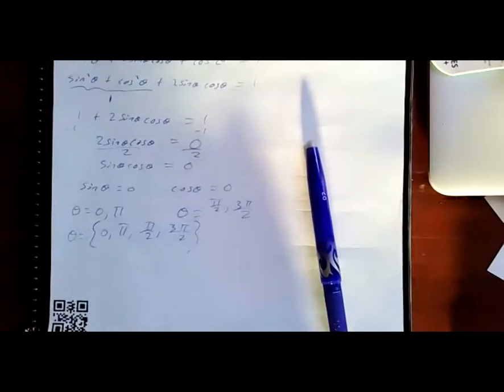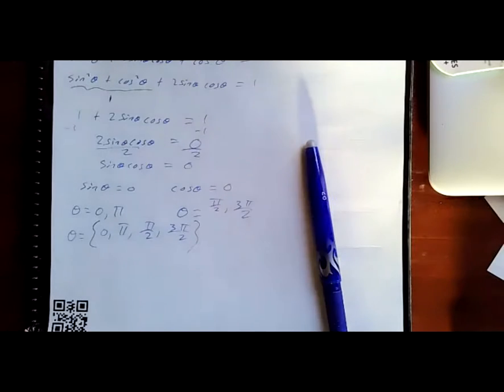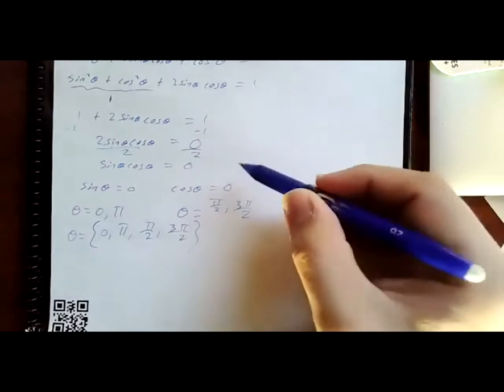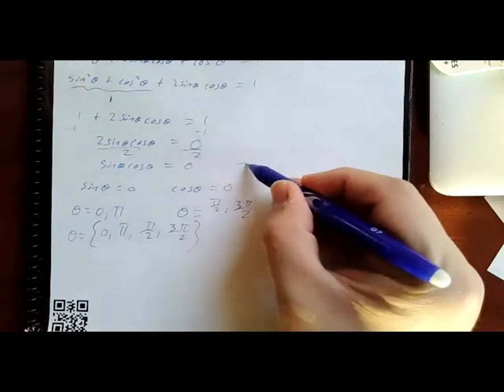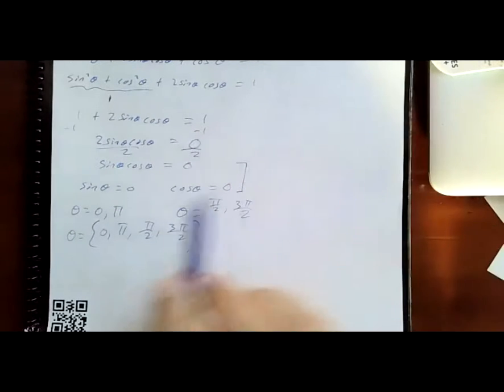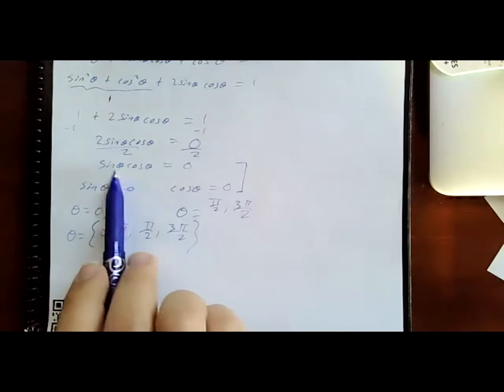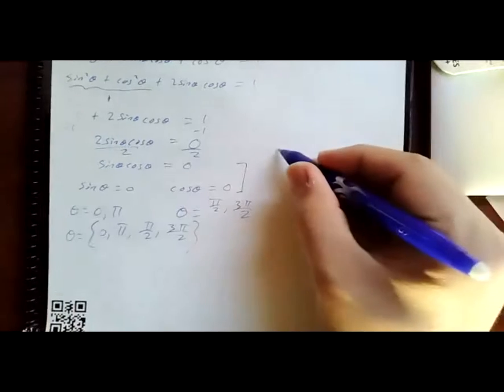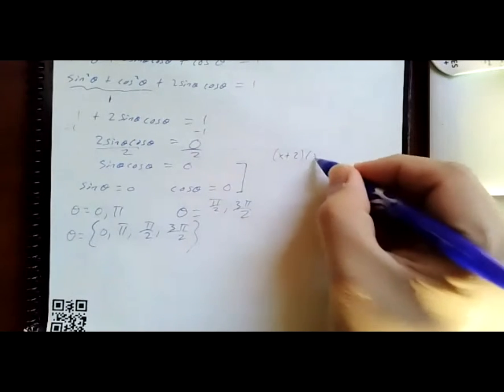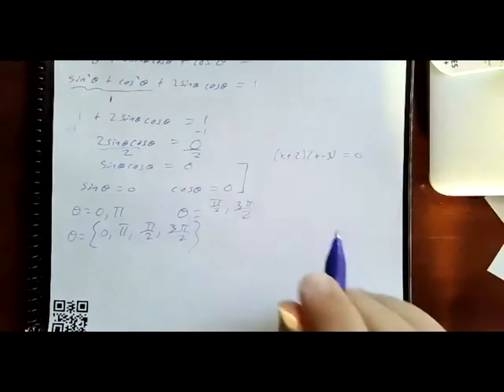So is there a note somewhere that tells us that sine is 0, cosine is 0? What do you mean? Like how do we know that sine is there on the chart just because it equals 0? So you're wondering from, okay, well, let's talk about two things here. From here to here, we use the zero factor property. Do you remember from algebra when we had something like this? You would set each one equal to 0, right?